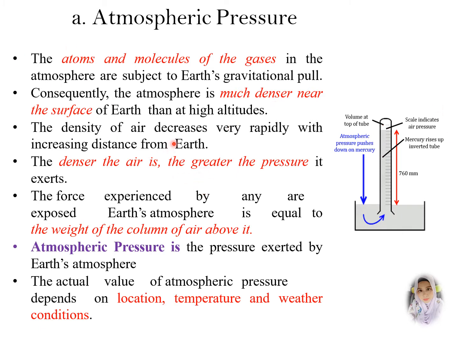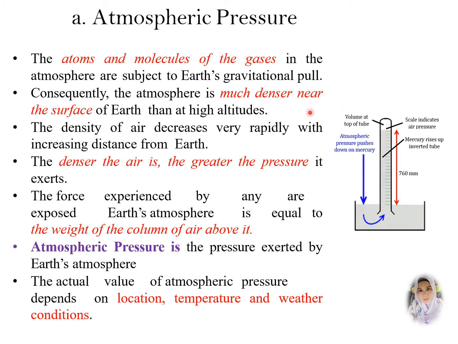The atmosphere is much denser near the surface of the Earth than at high altitudes. At higher altitudes, the atmospheric pressure is lower and the air is less dense, and the density of air decreases very rapidly with increasing distance from the Earth.